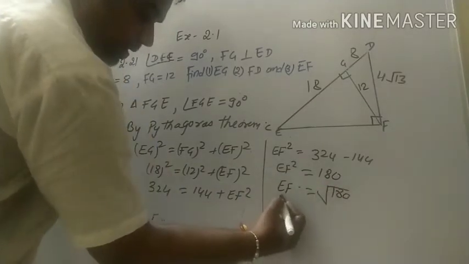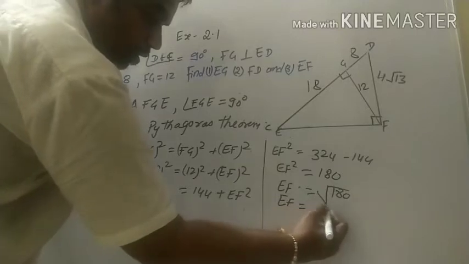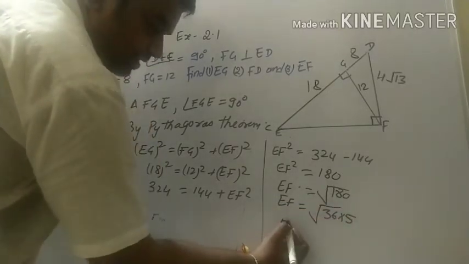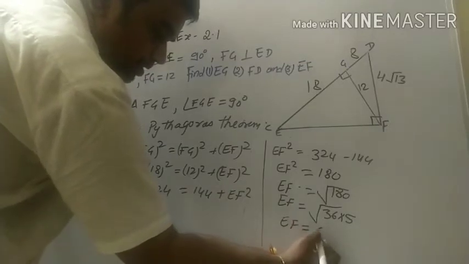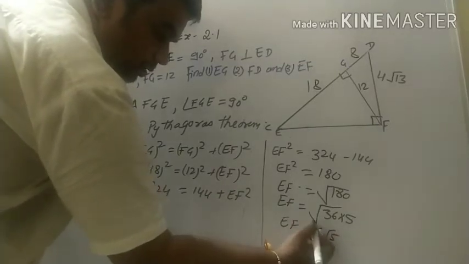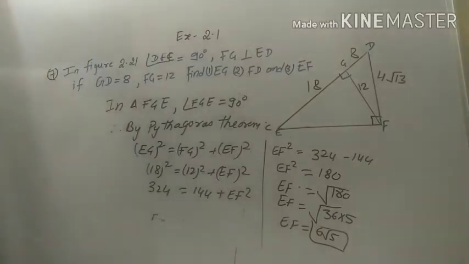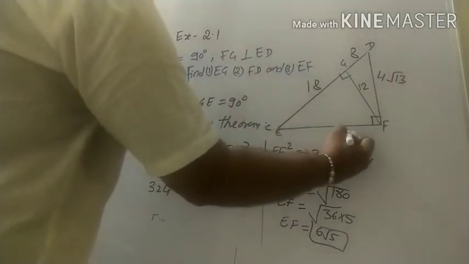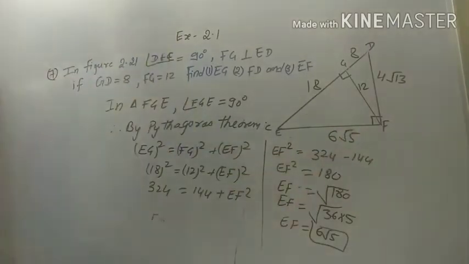Root 180 becomes 36 into 5, so EF is equal to 6 root 5. That is the answer. EG is 18, FD is 4 root 13, and EF is 6 root 5.